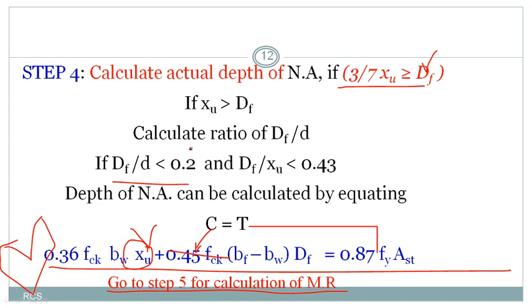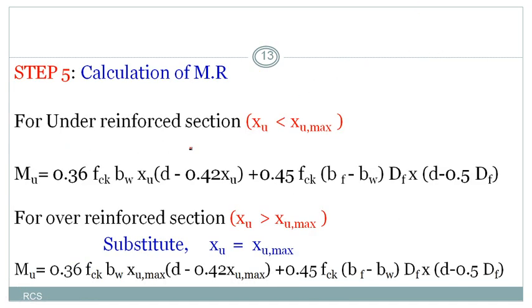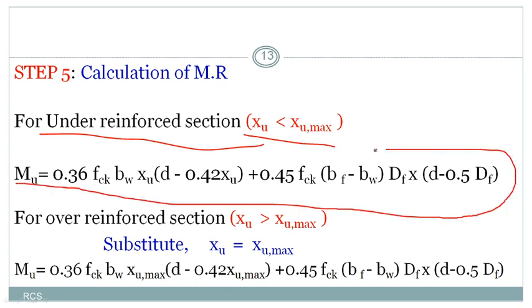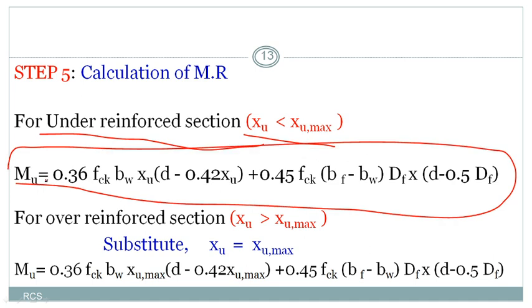Then for calculating the moment of resistance, we use this formula. If your section is under reinforced, that is xu is less than xu max, then we can use this formula: Mu equals 0.36 fck bw xu into (d minus 0.42 xu) plus 0.45 fck into (bf minus bw) into Df into (d minus 0.5 Df).